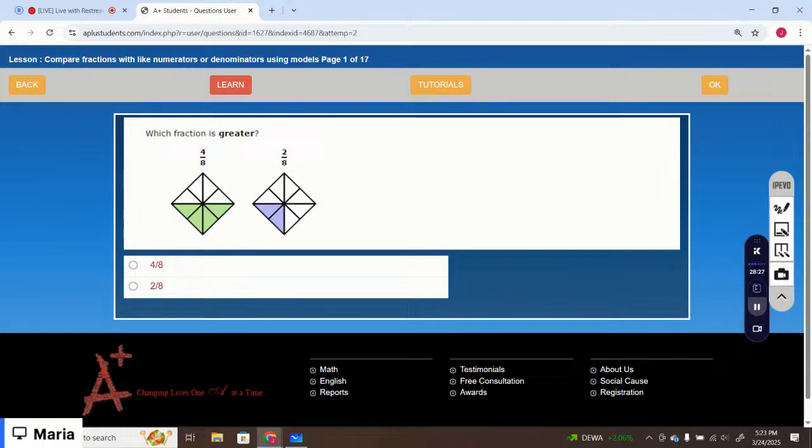That is 4 by 8 because 4 by 8 has more portion colored.